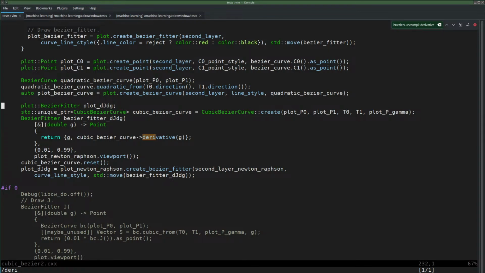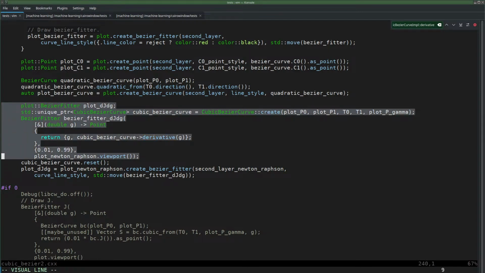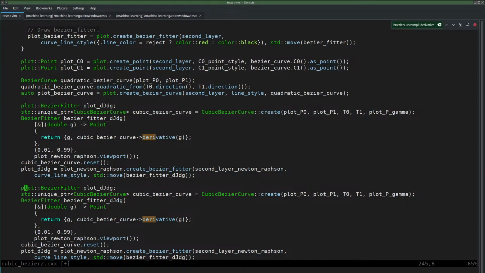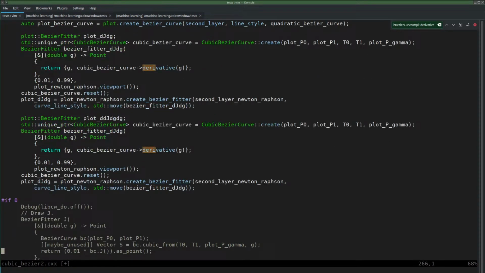Yeah, I need a new Bezier pattern. Suppose I don't have to do this again.